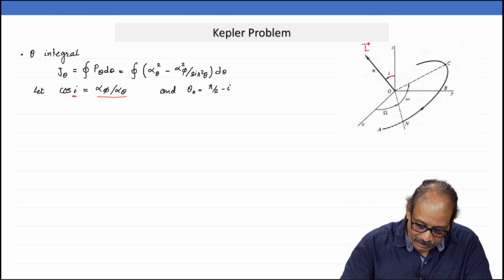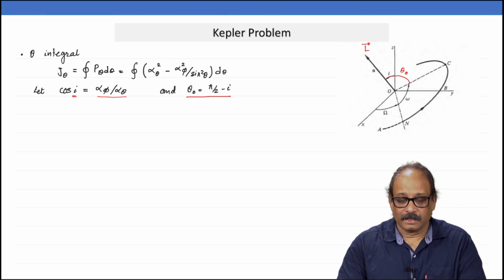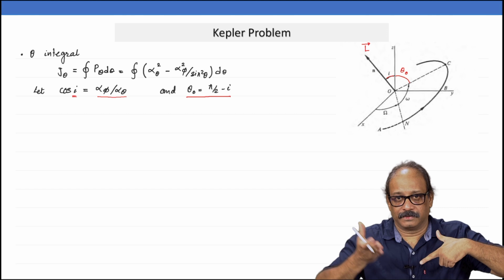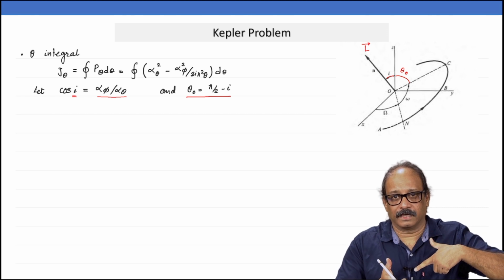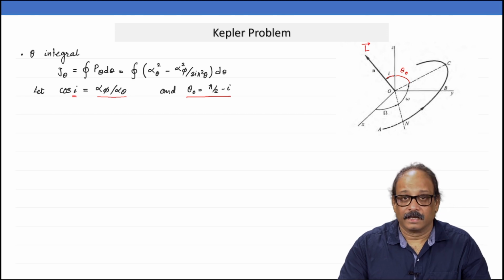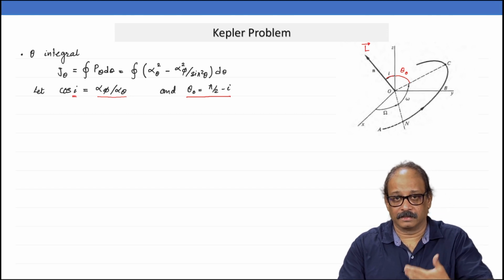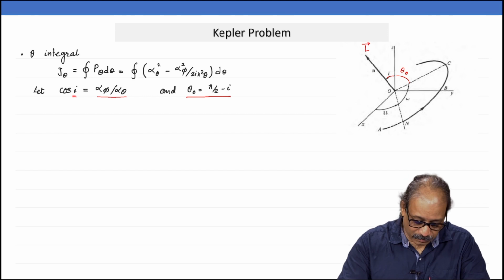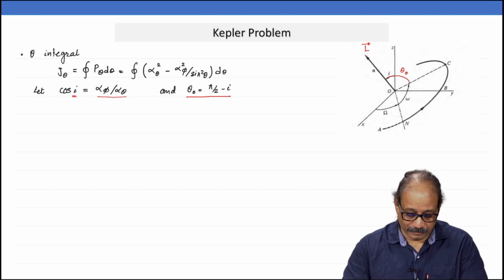The tilt of the plane is of course given by this angle here, and I will call this angle theta naught. And you can immediately see from the geometry that the plane of the orbit is perpendicular to the angular momentum. So, the angle between the z axis and the plane of the orbit is going to be theta naught, which is pi by 2 minus I.